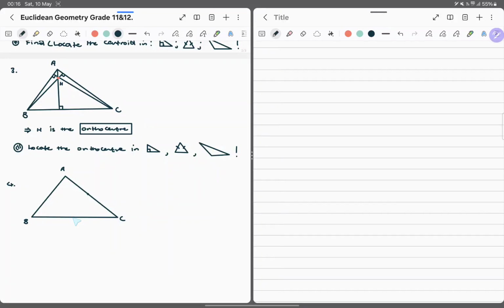So maybe it looks like it's at the half mark, perhaps that one too, and maybe that one. Of course, I'm just using my eyes. But this time, guys, we draw perpendicular bisectors. So we're drawing perpendicular bisectors of those sides of a triangle.